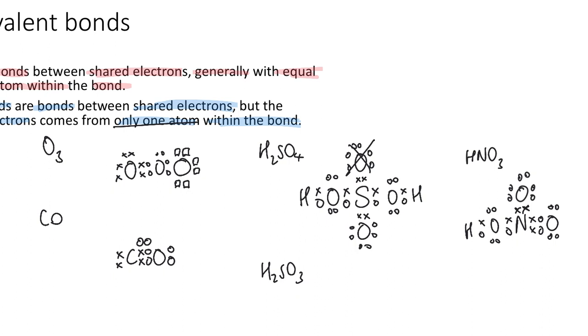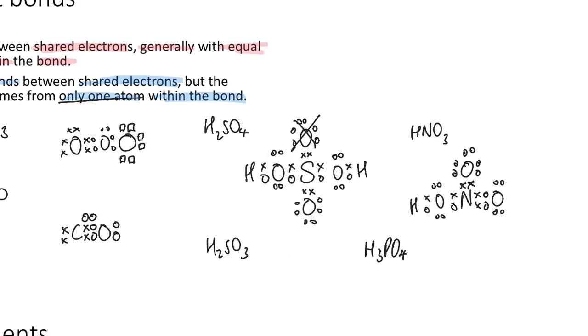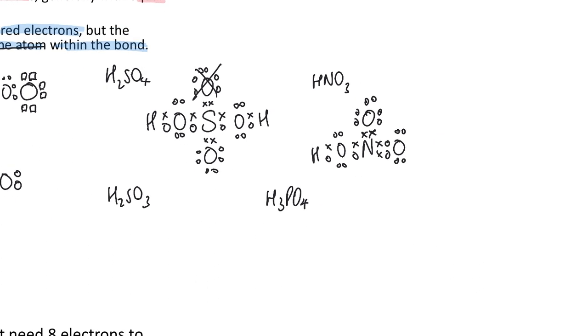And then finally H3PO4. Let's do this one. So you've got a phosphorus in the middle. You've got 1, 2, 3, 4, 5 electrons around the phosphorus. It's going to single bond with one oxygen here, single bond with another oxygen here, single bond with another oxygen here.